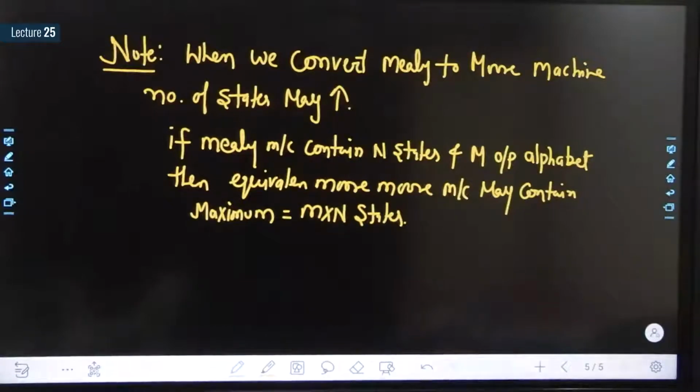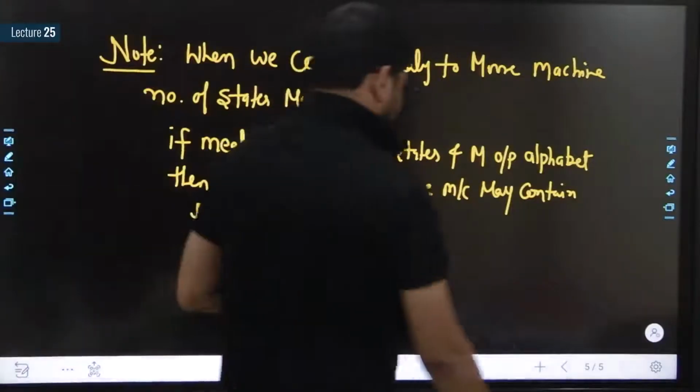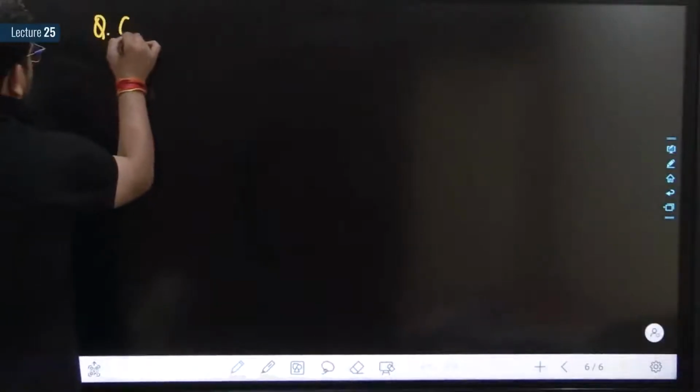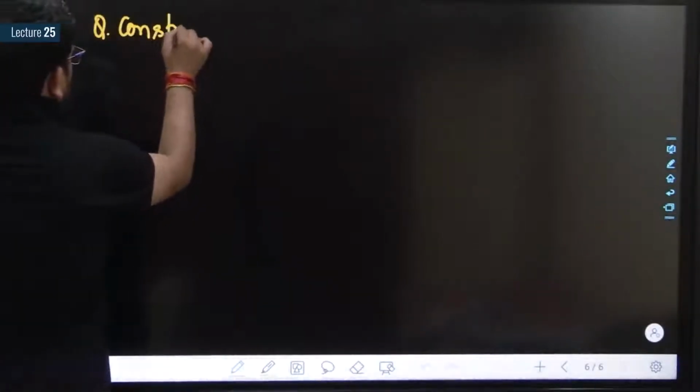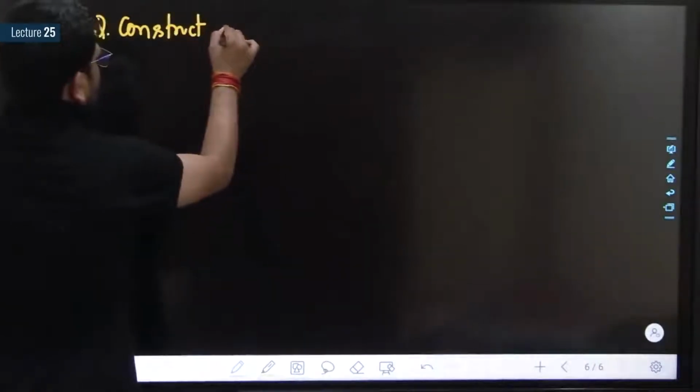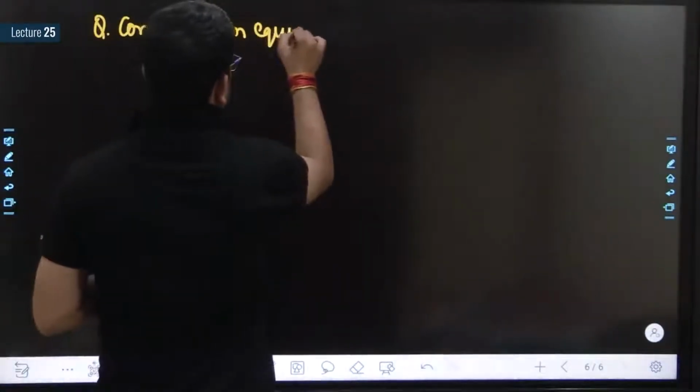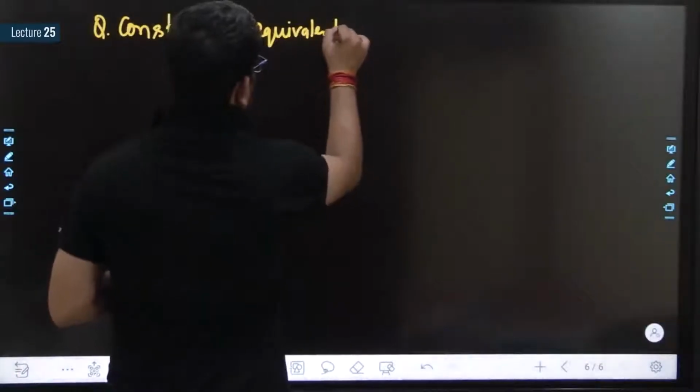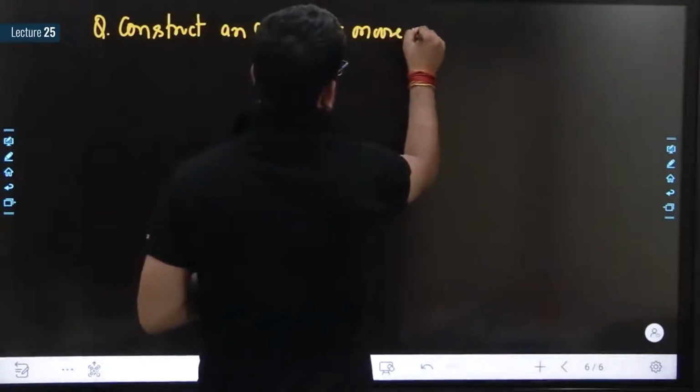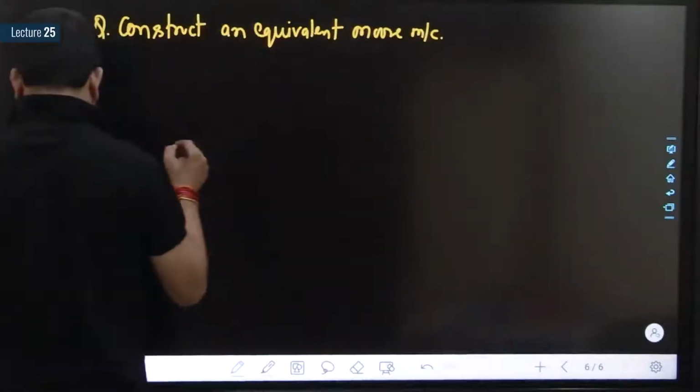Do the next question. Construct an equivalent Moore machine. What is the Mealy machine?